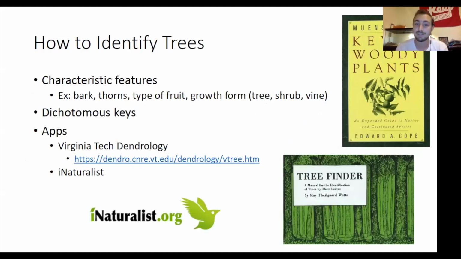So first, obviously, how do we identify trees? Well, today, again, like I mentioned, we are using Muenscher's Keys to Woody Plants. It's a very expanded guide, so it doesn't just include native species to North America. It also includes a lot of our cultivated landscape species and non-native invasive species. Its key is a little bit different because there's actually two keys within this key.